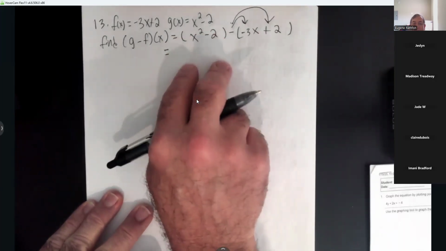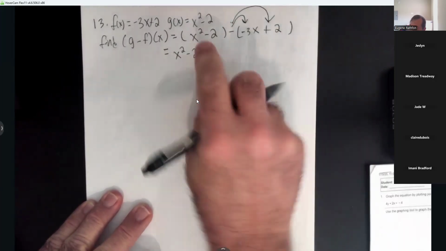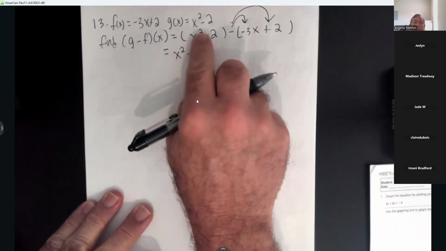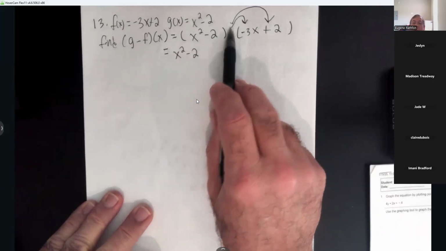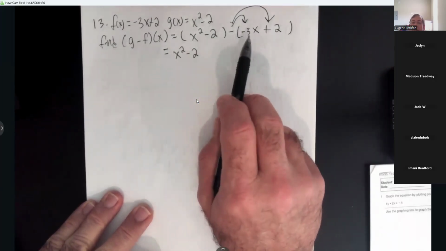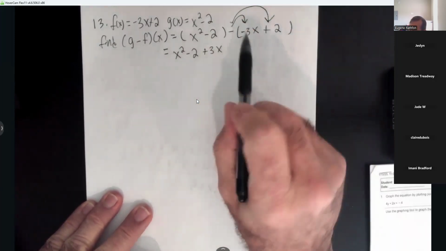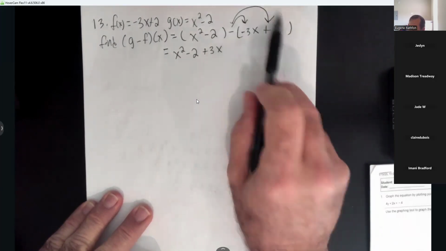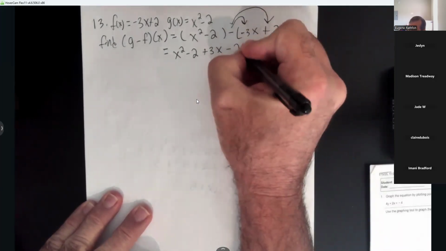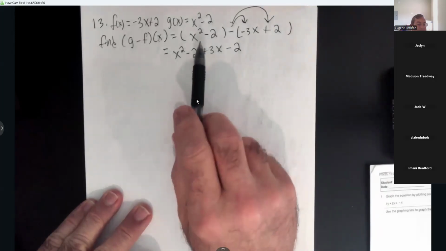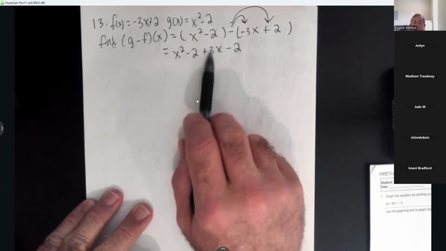So the first one comes down, x squared minus 2. You never have to change anything on the first one. But y'all look here. A negative times a negative makes that a positive 3x. And then a negative times a positive makes that a negative 2. The biggest mistakes I get on this one are right here on these signs, okay?